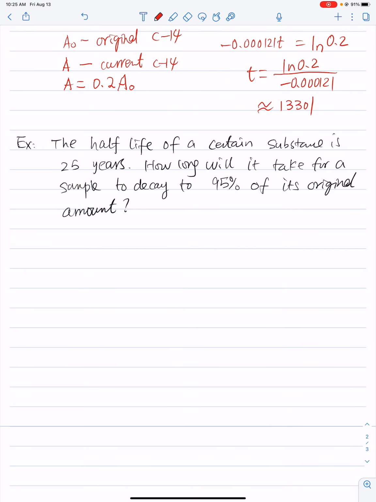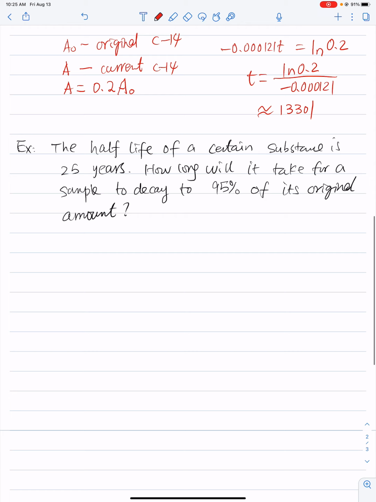The half-life of a certain substance is 25 years. How long will it take for a sample to decay to 95% of its amount? This is a decay, so half-life. What does half-life mean? We wanted to use the model A0 e^(kt) again.